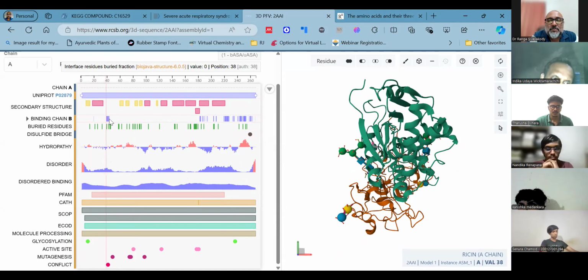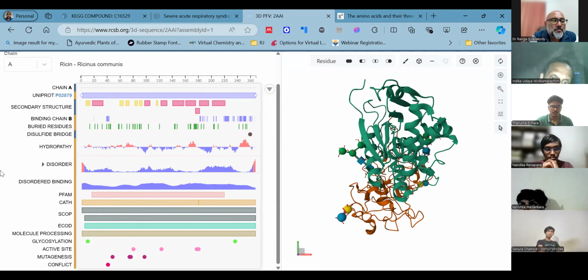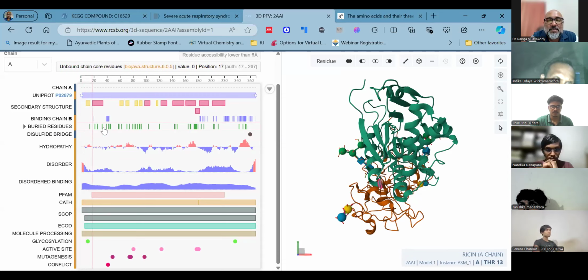Now as we move on that, you can see the binding chains get highlighted, and binding chain, buried residues. Buried residues means residues that are deep inside the protein. Now you can see when it comes to this side, these are inner type of protein.